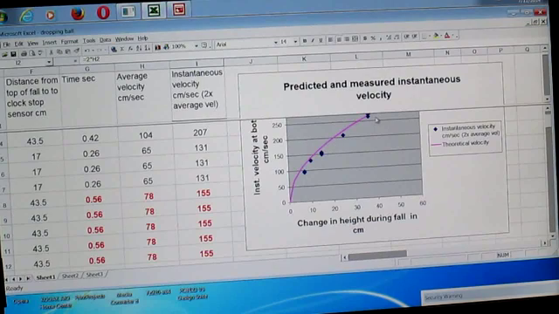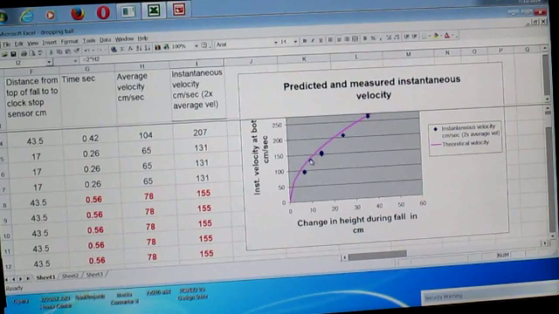And you can see that it falls along the theoretical curve very closely. So that indicates that the rate at which the ball falls, or the velocity at the bottom of the travel, does not depend on the angle of the ramp, and it doesn't depend on the mass of the ball, because this is all the data plotted.